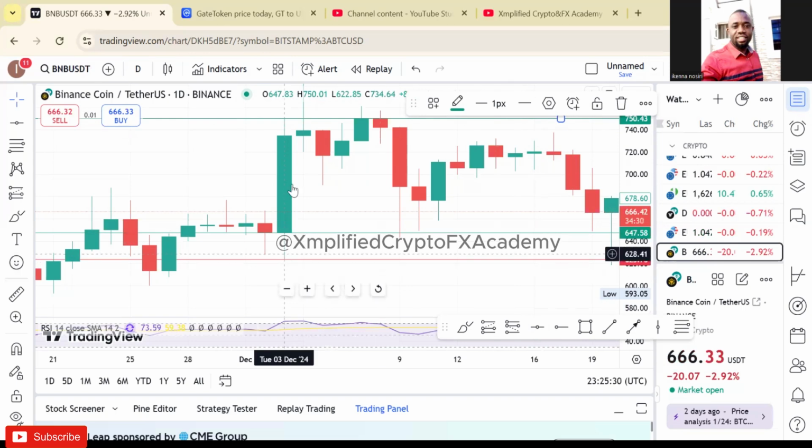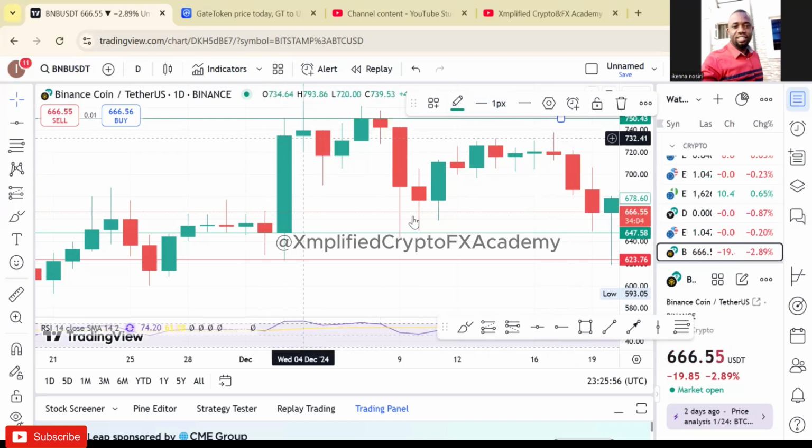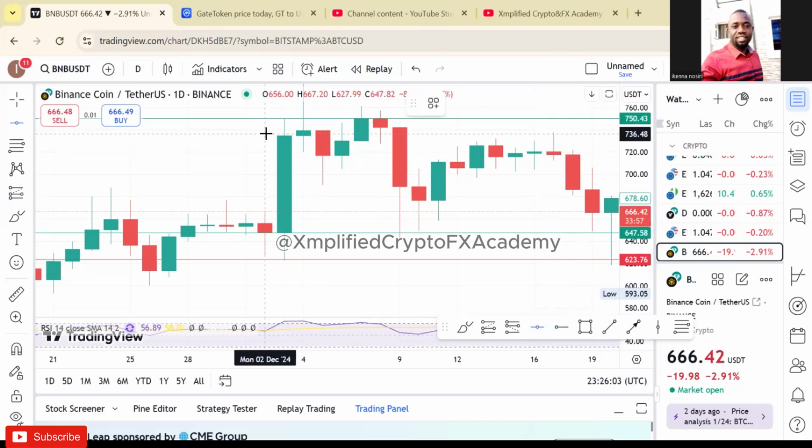Later on, after it got to 750, sellers started selling it, which means the price was rejected. It got to that point and there was a little sell-off on it again. Then it dips to this point where it closes for the day. Let's draw a line there. It closes at this point.